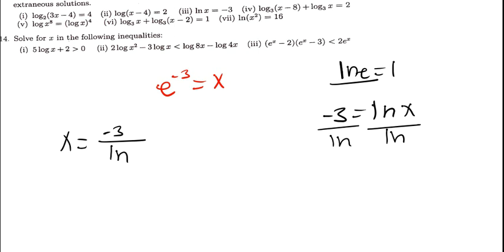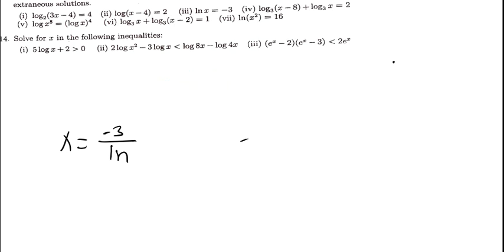But let's check: where there is x, if I introduce its ln, where there is x we put negative 3 over ln, so ln and ln will go, so I have negative 3 is equal to negative 3. Yes, it's correct. So x is equal to negative 3 over ln.